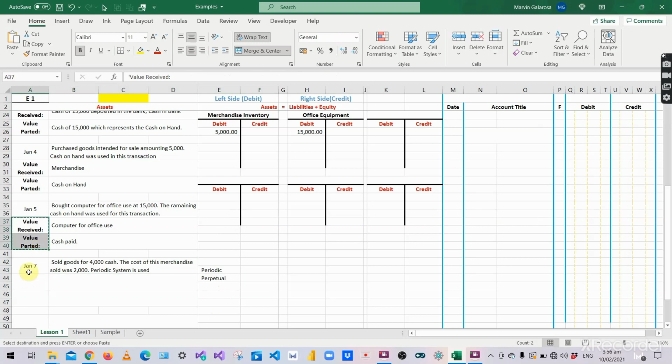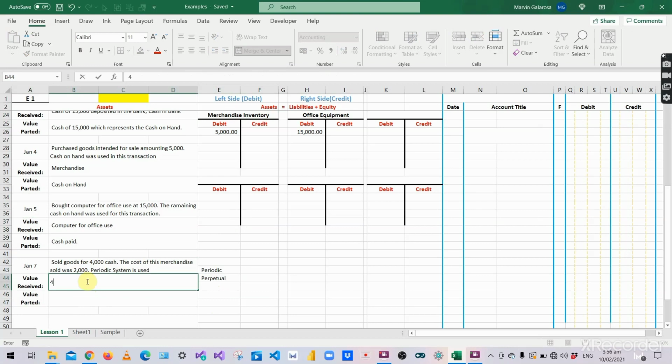So, sa transaction natin sa January 7, ano yung ating value received? So, ating na-receive is 4,000 cash for the merchandise sold. So, ano naman yung value parted? Yung merchandise na binenta mo. So, merchandise sold.